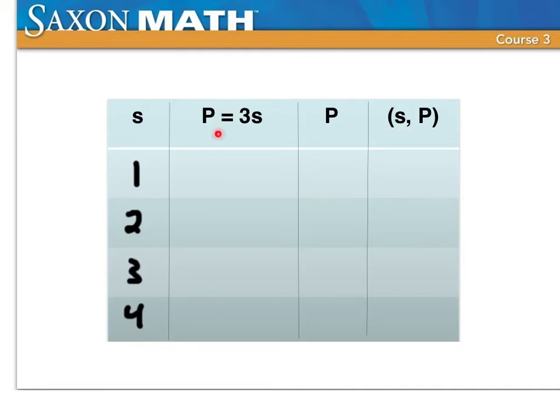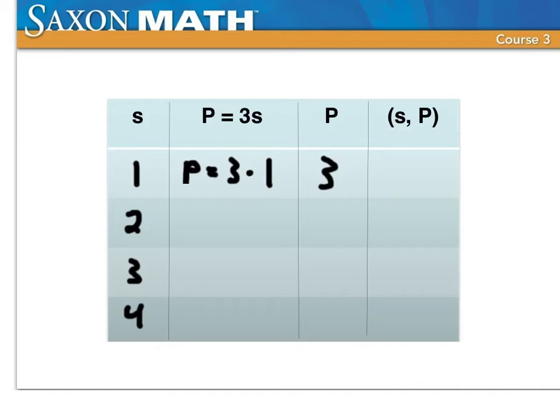So instead of saying perimeter equals 3 times S, I'm going to say the perimeter equals 3 times my S value for this row, which is 1. Then over here, I'm going to actually tell what P is. So if P equals 3 times 1, then P has to be 3, because 3 times 1 is 3.